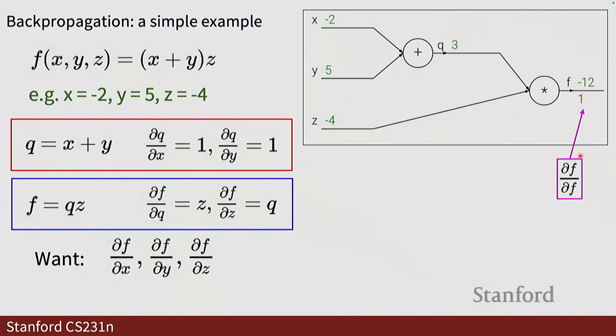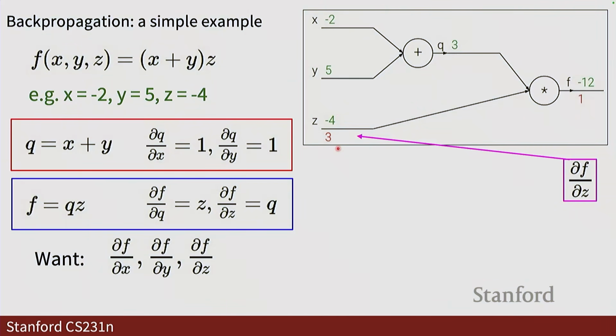If I want to backprop, the most immediate one is z. For z, if I calculate the derivative of f with respect to z, we already have it: it's equal to q. So whatever the value of q is goes to z as the gradient.